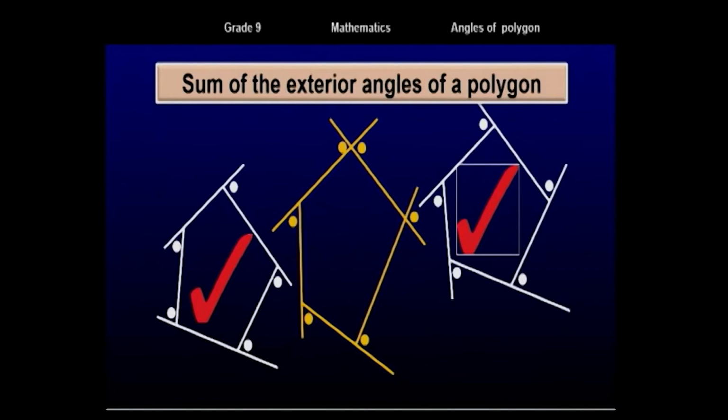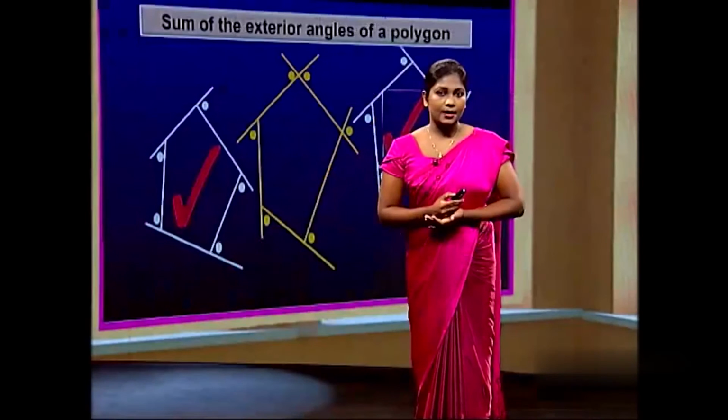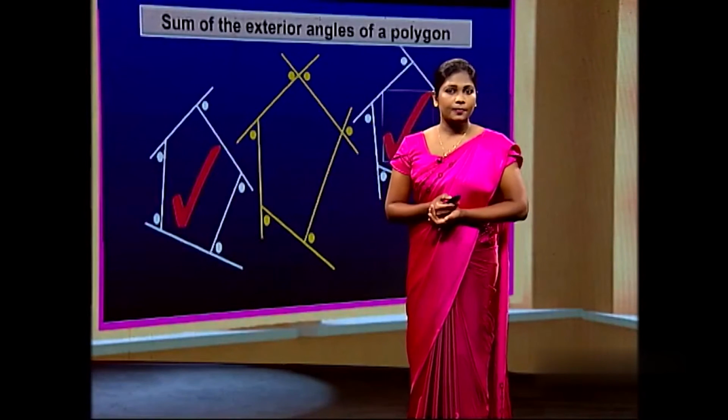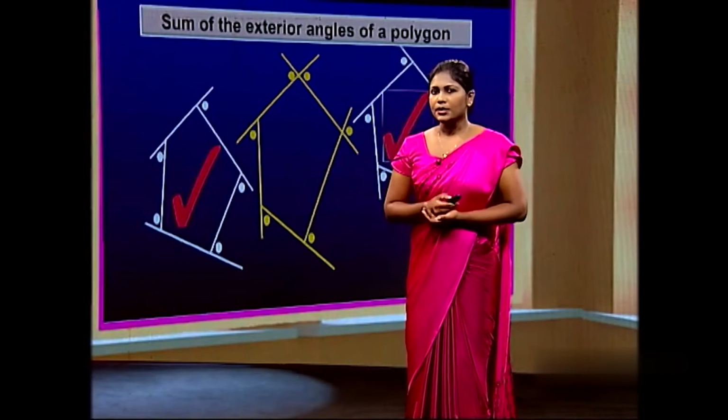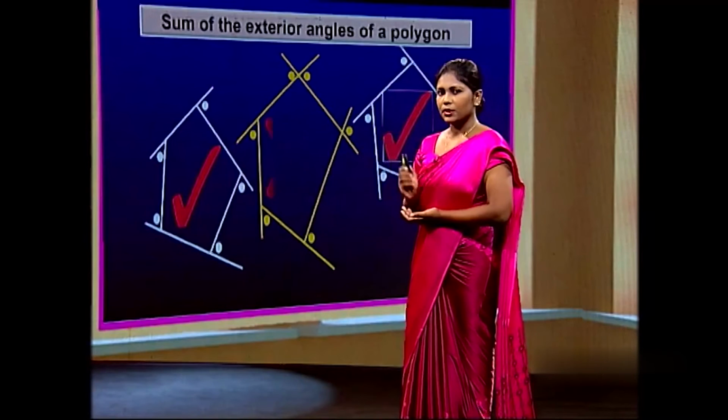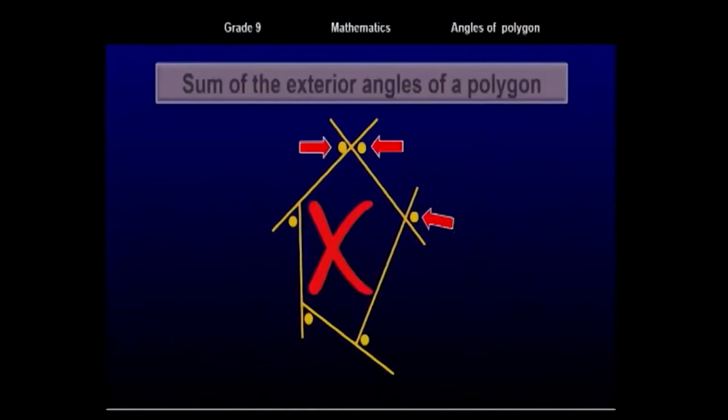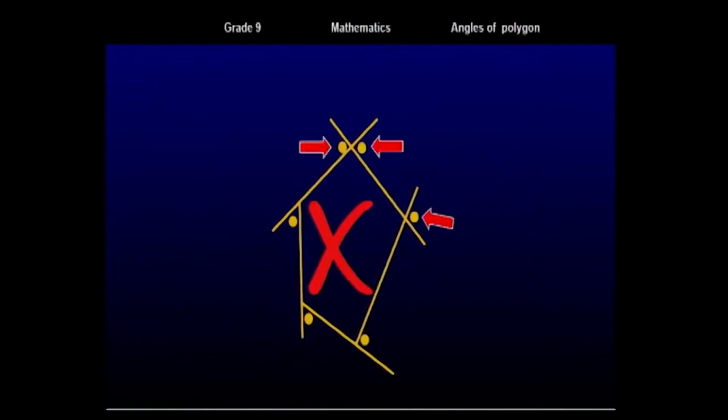What about these exterior angles? I marked those exterior angles. Yes, those are also correct. But consider that yellow colored polygon. Now you can see there are 3 arrow marks.